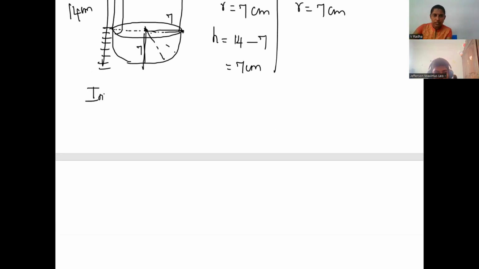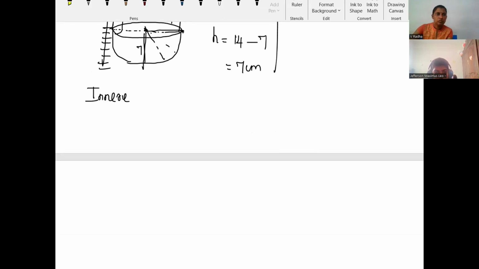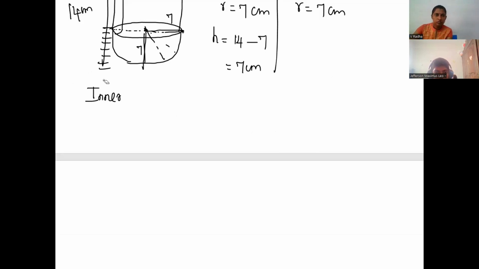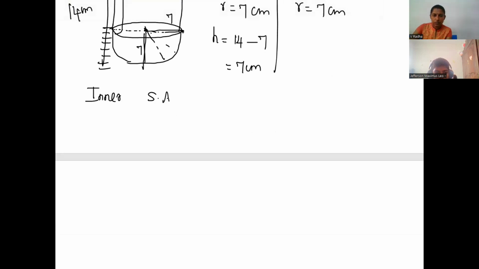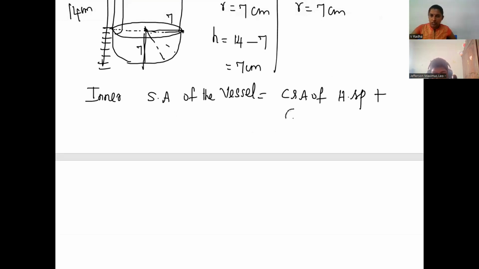So the inner surface area of the vessel is equal to the CSA of hemisphere plus the CSA of a cylinder.